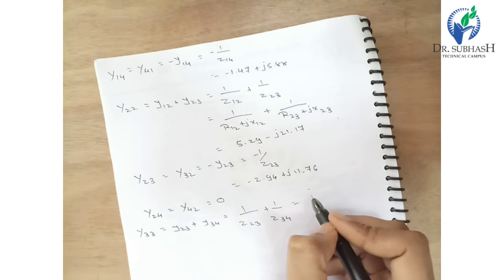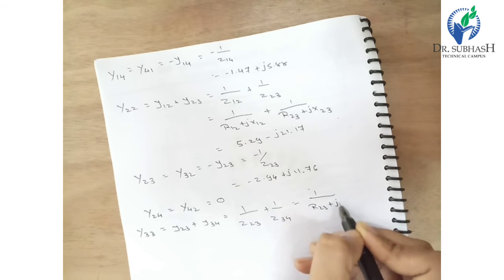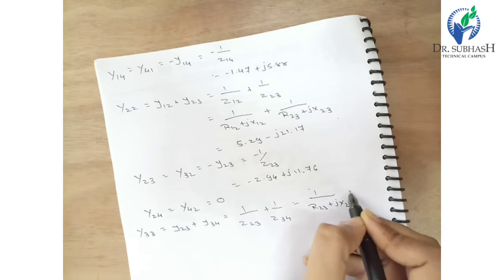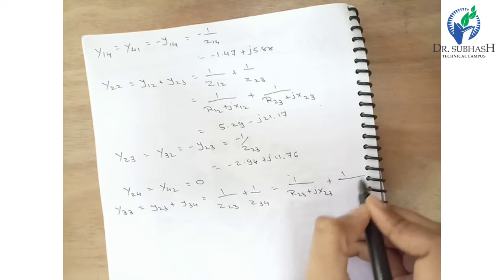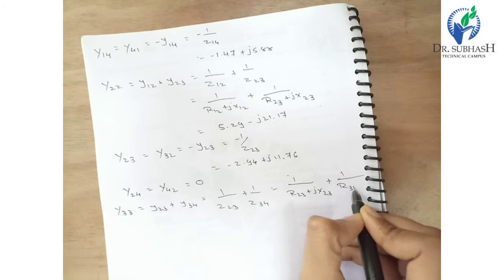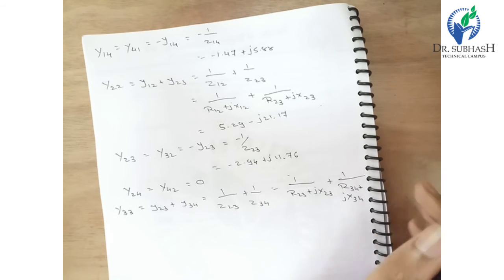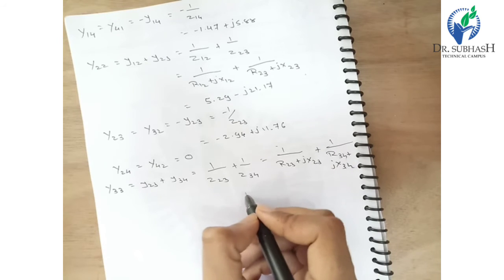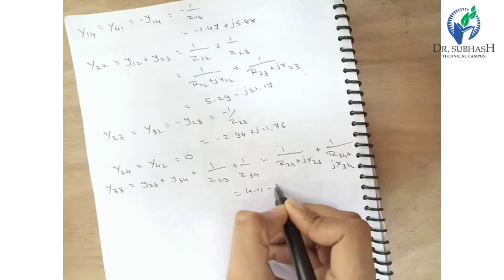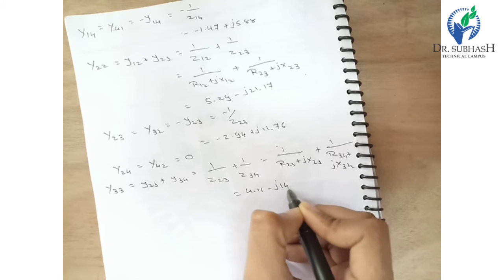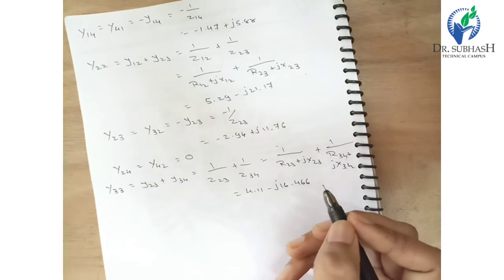So the output is 1/(R23 + jX23) plus 1/(R34 + jX34). The resultant of this value is 4.11 minus j16.466. That is the output of Y33.